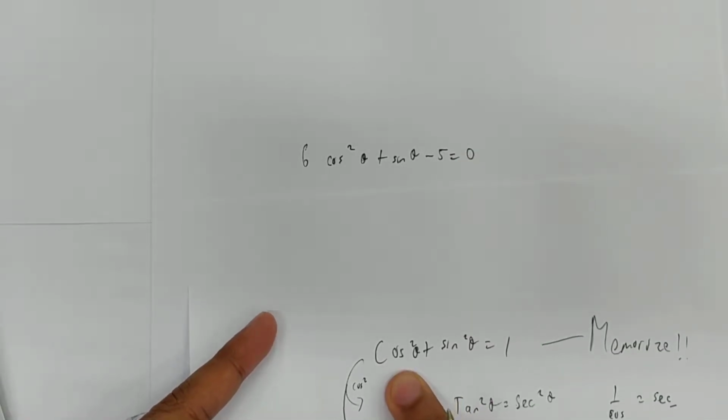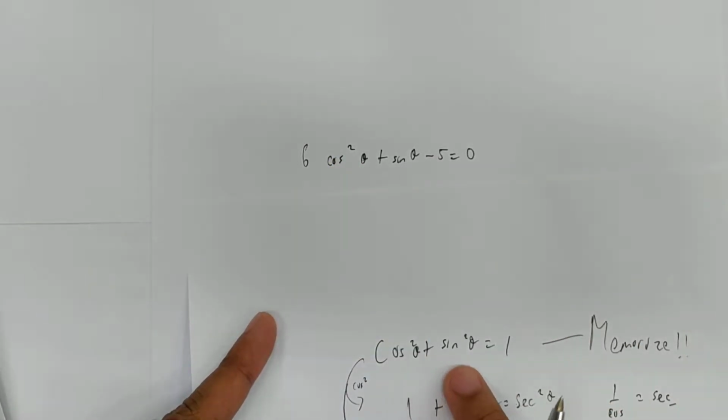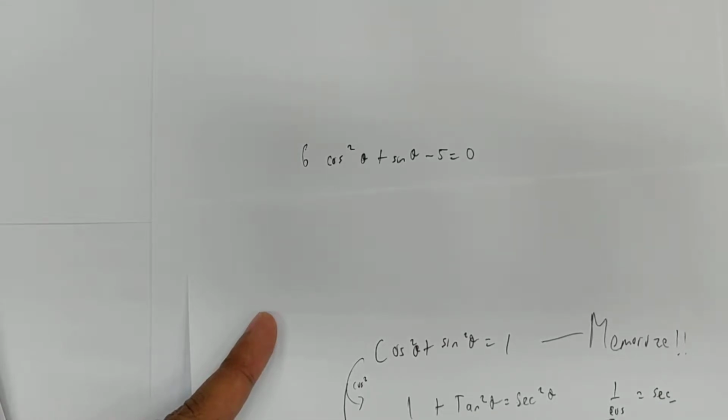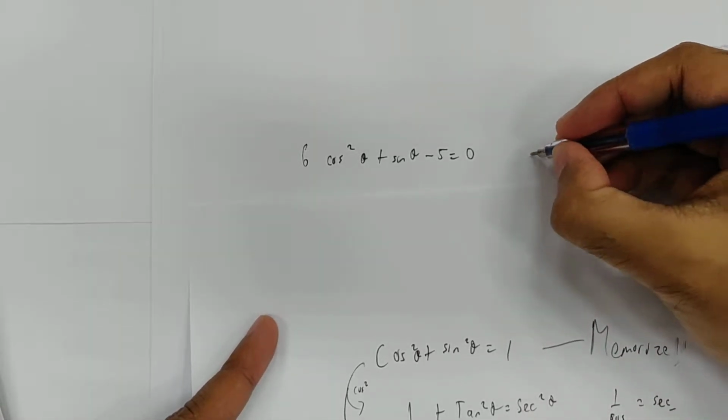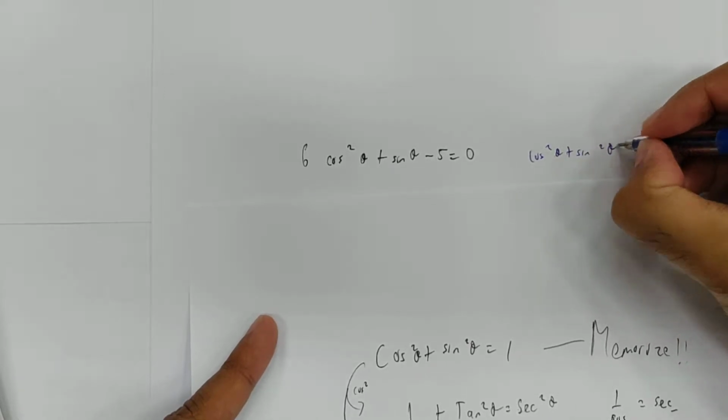People ask, sir, but this is cos squared, sir. But the formula is cos squared plus sine squared equals 1. Not that super difficult, guys. Just rearrange it. Cos squared theta plus sine squared theta equals 1.